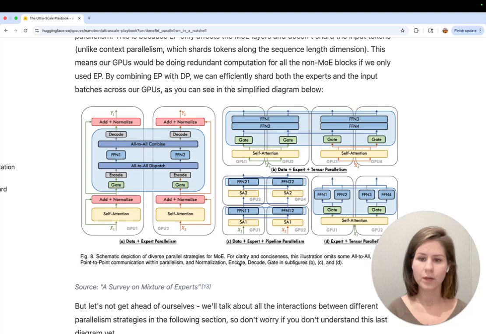Here's how it's going to work. When a batch of tokens moves to the router network, the router then decides which experts are best positioned to process each token in the batch. Then we perform an all-to-all communication that distributes those tokens to the particular experts and to their devices.